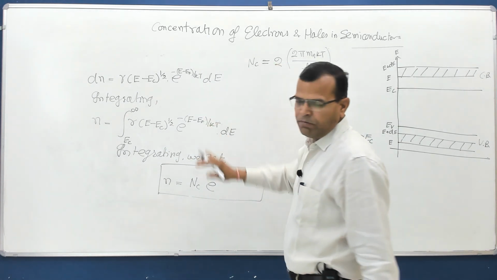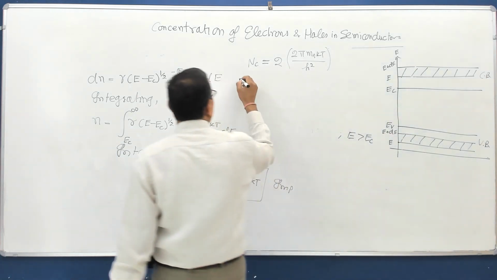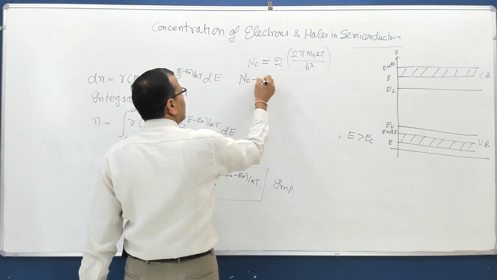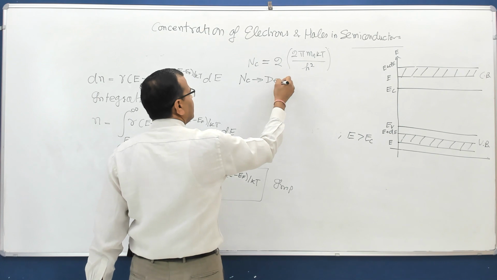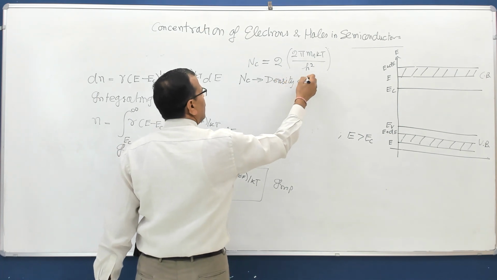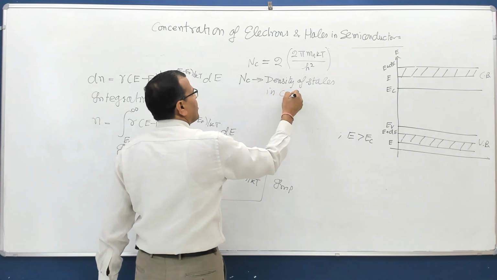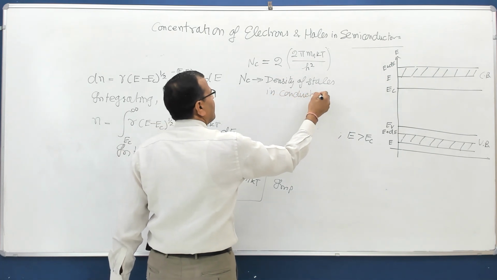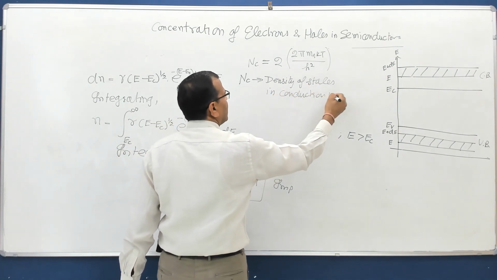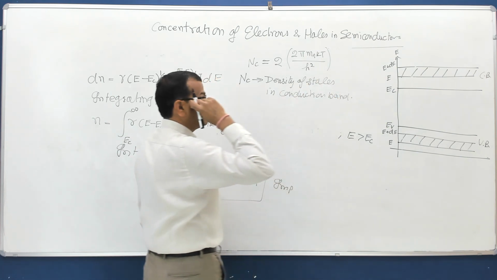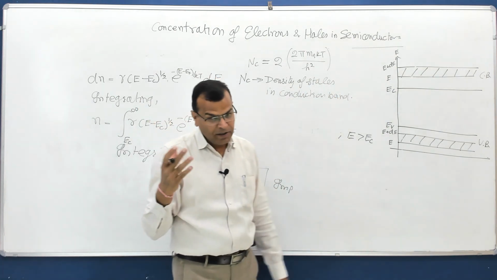This is the expression. What do we call this? NC is called the density of states in the conduction band.